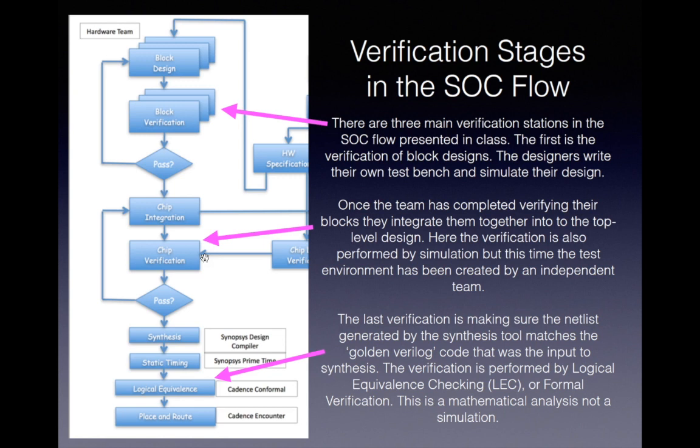The second is after all of the code has been integrated together, we then want to simulate the design from the top, in which case we use a test bench that an independent team has written. The top level is really the critical verification. So we use a top level test bench to verify the correctness.